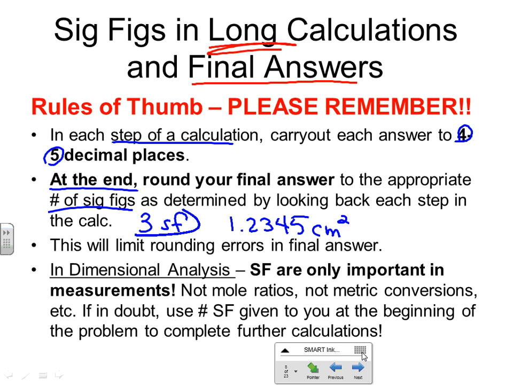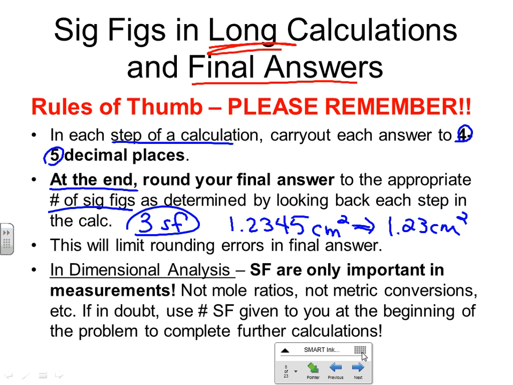You need to round it to 3 sig figs, so that would change to 1.23 centimeters squared. So that's you going back and tracking. This is going to limit us having various different final answers because of rounding in between.